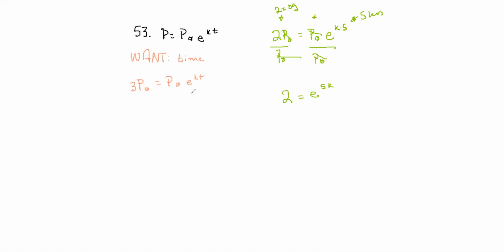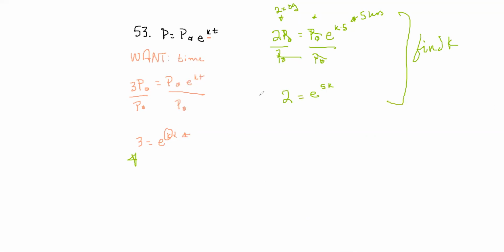If I were to attempt to solve this problem, I'm going to divide both sides by P naught. Now I have 3 is equal to e to the kt. I need to find t, but I can't do that without knowing k. And I know that k is a constant. So if I use this information to help me find k, I can solve this problem.